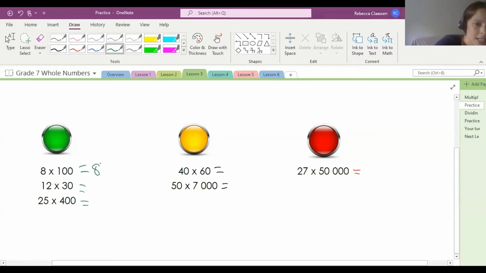Okay, because we said 8 and we stuck 2 zeros on the end because we're multiplying by 100, and we get 800. 12 times 30. 360. Right, so we know it's going to end in a 0. So 12 times 3 is 36, and we put a 0 on the end, and we've got 360. Okay, next one, very good.